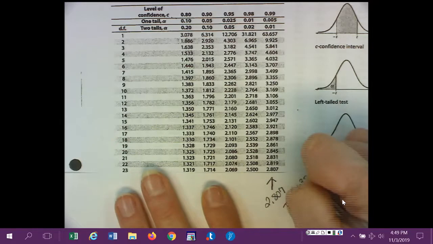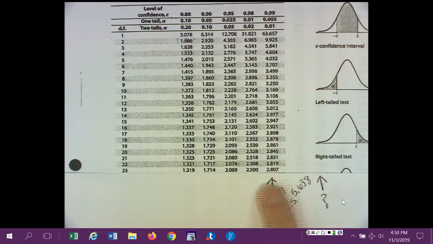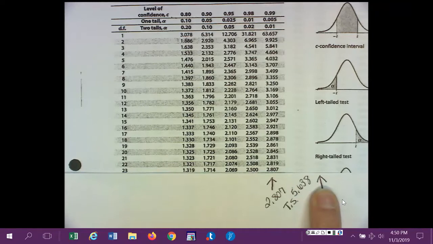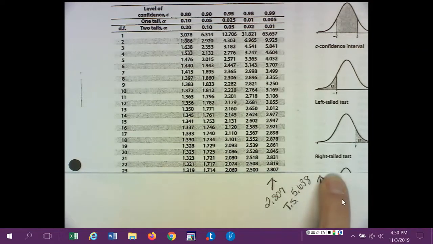5.638. Question mark. Whatever that number is here, we're going to say that there is some number that falls off the table that is larger than the 5.638.